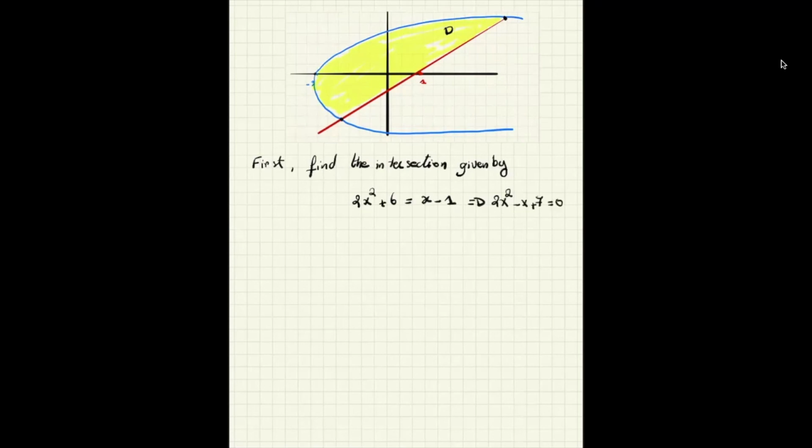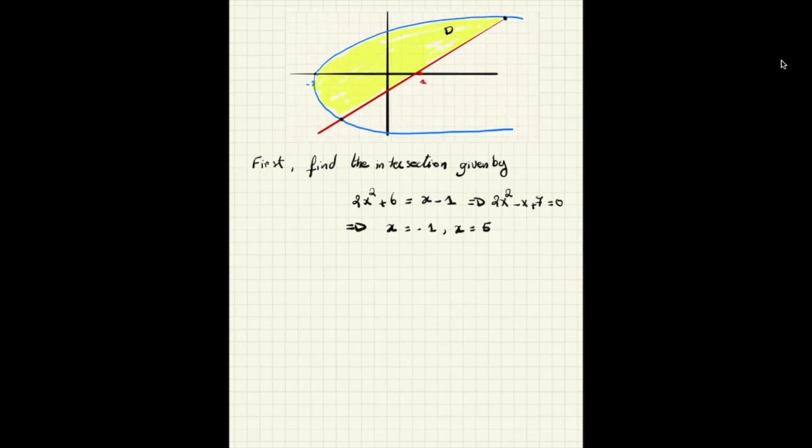Right? And then you can solve this one, which is equal to x minus 1 or x equal to 5, right?